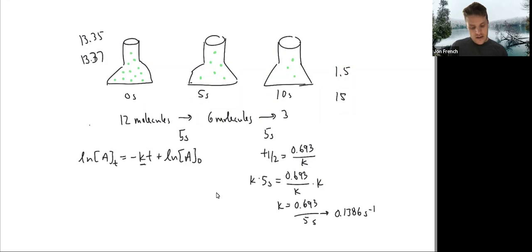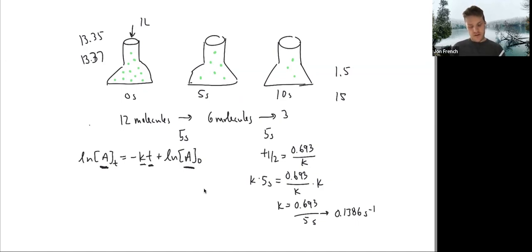So now we know the rate constant, we know time, we know our initial concentration, and we're trying to find our concentration at 8 seconds. If we just call this a 1 liter flask, this would be like 12 molar, right? Let's make our life easy and not make more work than we need.